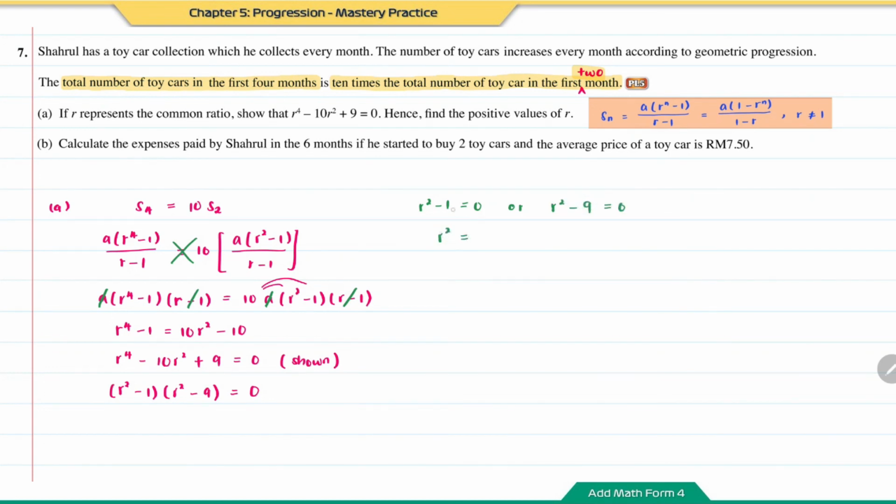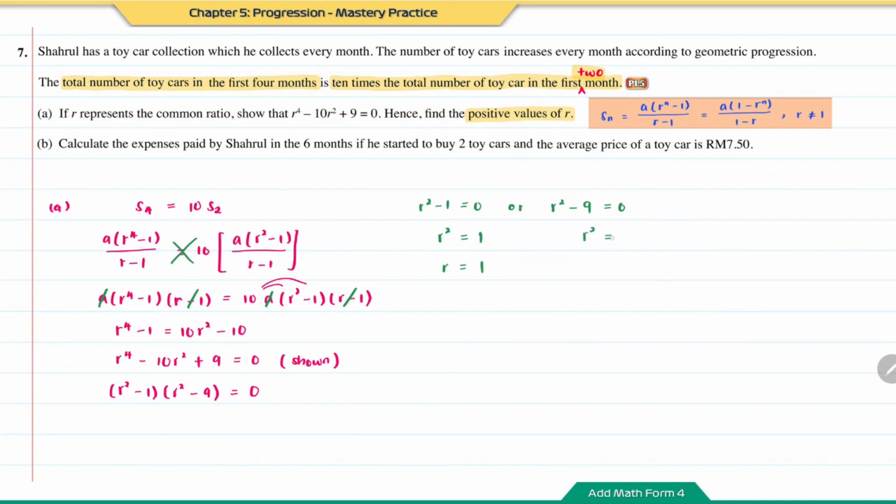So R squared equals positive 1 after moving the negative 1 to the right hand side. When you move the square to the other side, it will be plus minus the square root of 1. As the question asks you to find the positive value of R, we're going to ignore the negative 1. So R is going to be equal to 1.